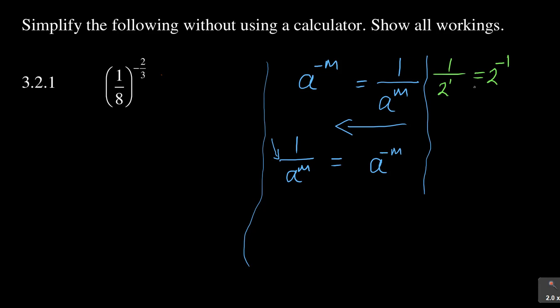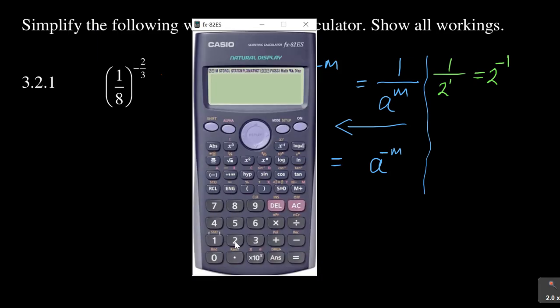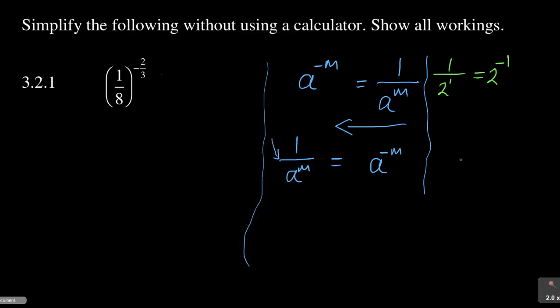If you test that with a calculator, 2 to the exponent -1, you can see that it is 1/2. So any fraction, if you are given 1/5, you must know that this is also the same as 5 to the power -1. Similarly, 1/8 is the same as 8 to the power -1.